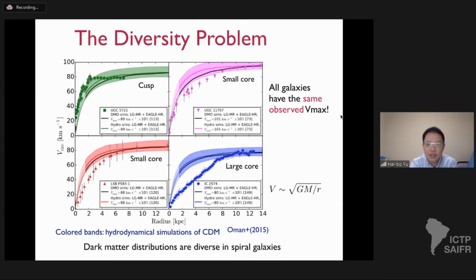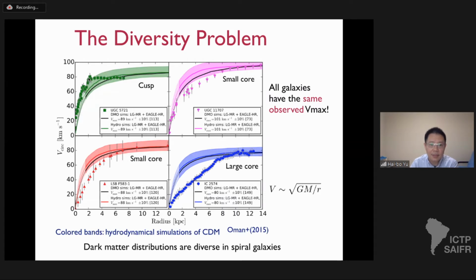This figure shows rotation curves for 4 dwarf galaxies, chosen such that they have about the same Vmax, the maximum observed circular velocity. But if you look at the inner region, the rotation curves behave very differently. For this galaxy, the rotation curve increases very fast.